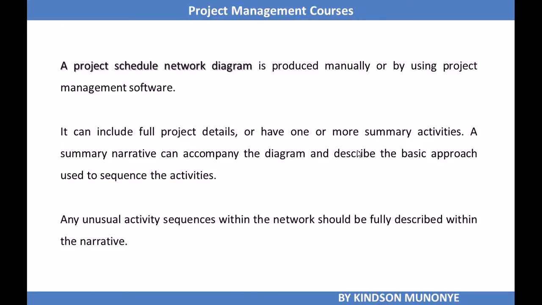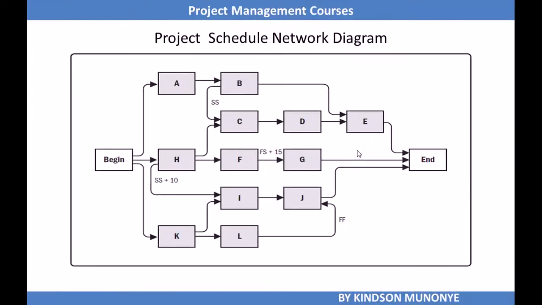It can include full project detail or have one or more summary activities. A summary activity is also called hammock activities. A summary narrative can accompany the diagram and describe the basic approach used to sequence activities. Any unusual activity sequences within the network diagram should be checked or described.